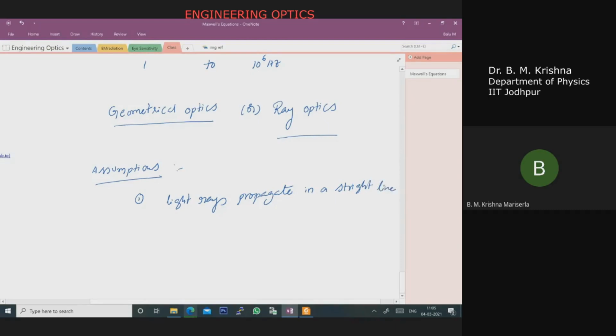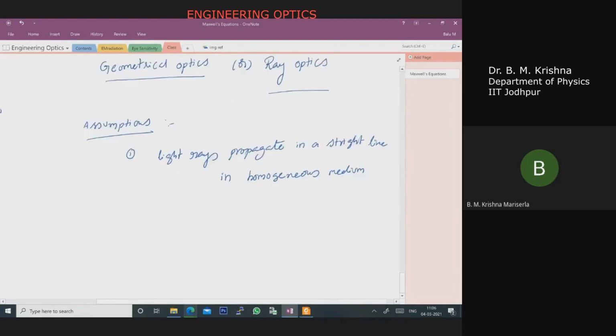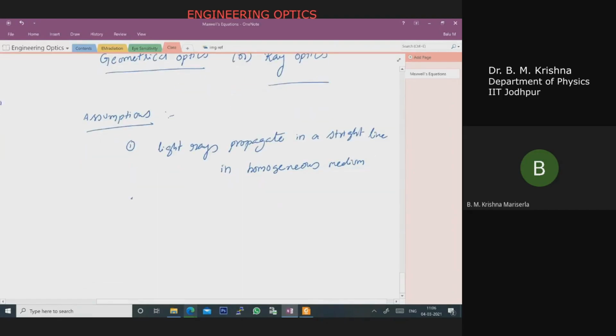That means the light ray propagates in a straight line path as it travels in a homogeneous medium. Okay, so that is one of the assumptions.